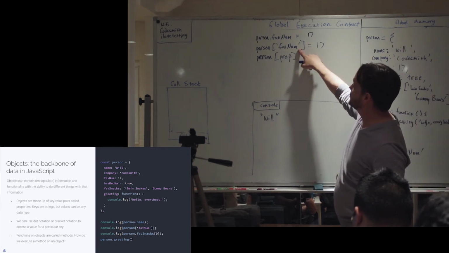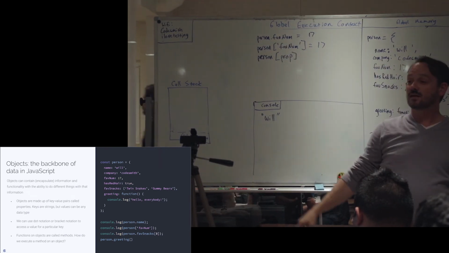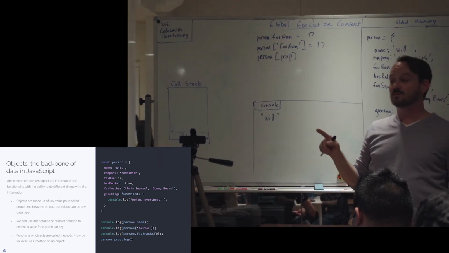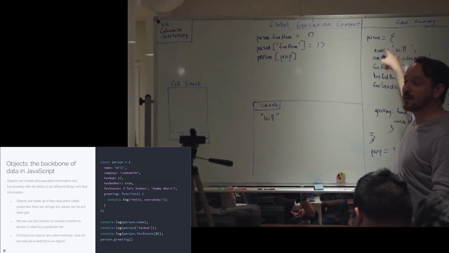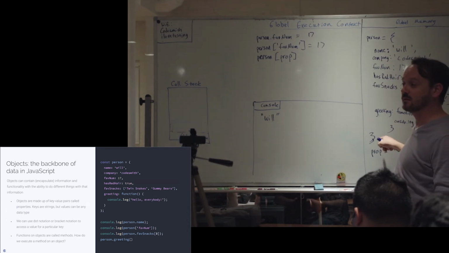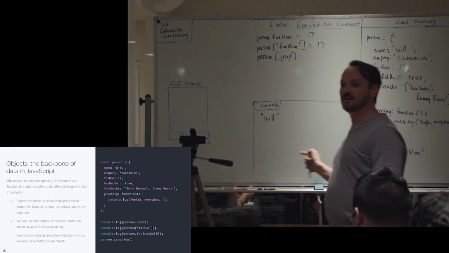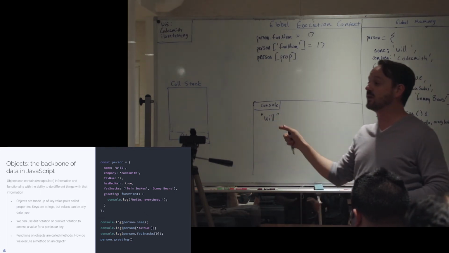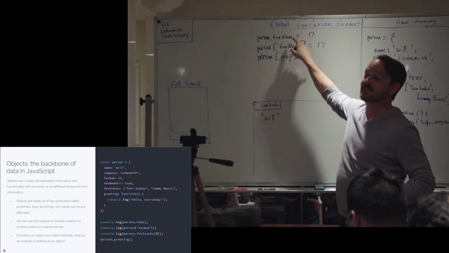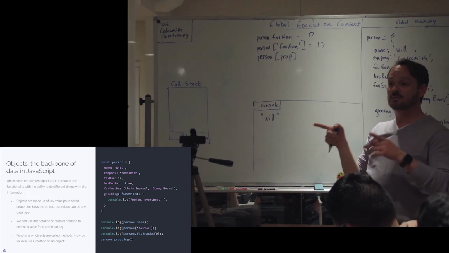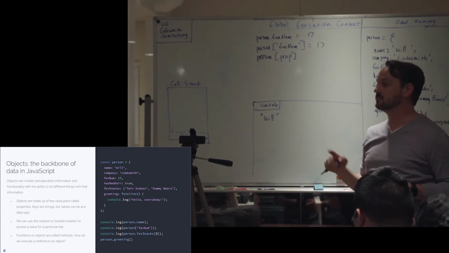So I can either say the string fave num. Your question was, can I say person.prop? You could, but it's going to say undefined, because prop is not actually a key in here. So if you want to use a variable name or a string, you have to use the bracket notation. If you use dot notation, it has to actually be a key.